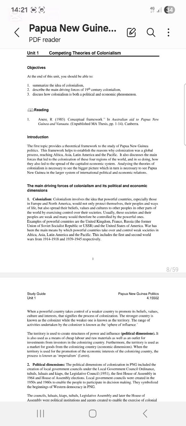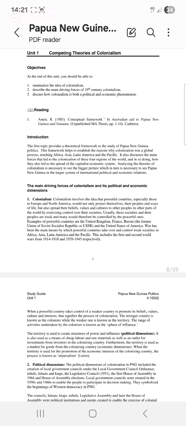All right. So in order to understand colonialism, you have to describe the dimensions of colonialism. When you describe the dimensions of colonialism, you are actually talking about what is called the theoretical framework. So, number 1, what is colonialism? One of the main driving forces.